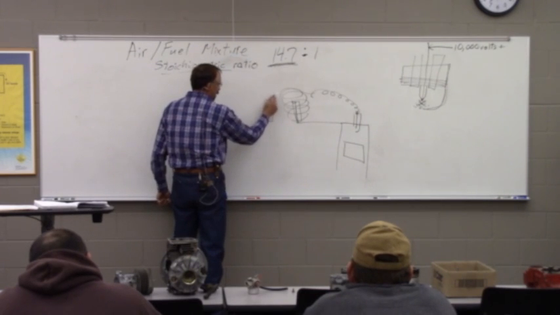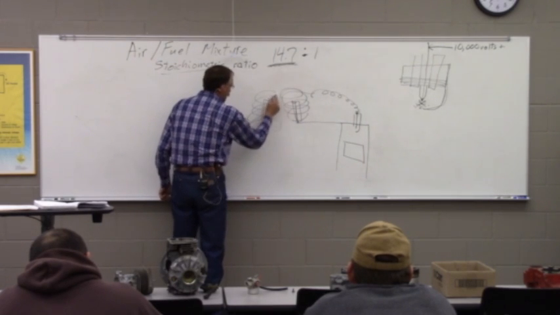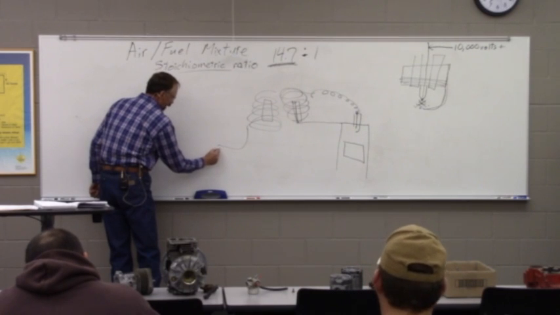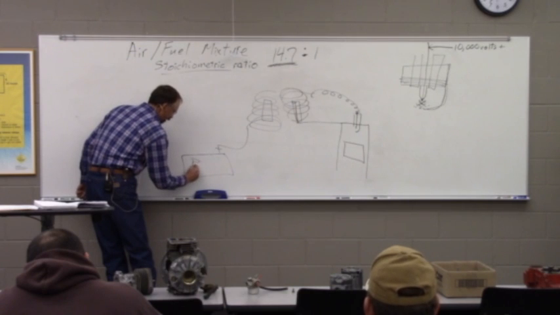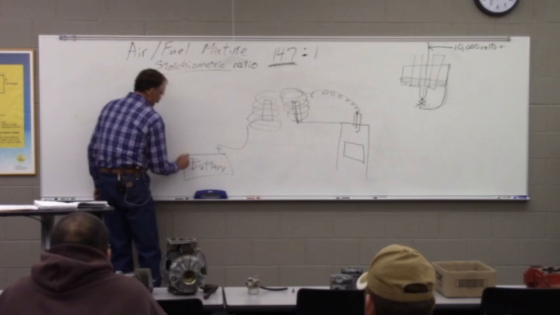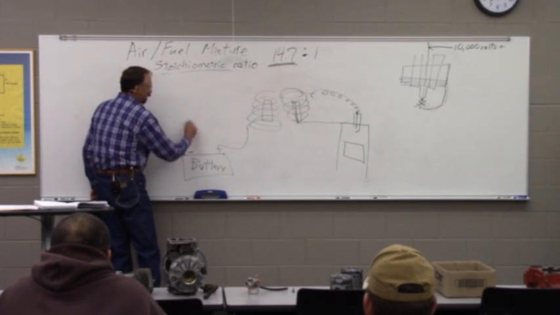We're going to have another iron core here with a winding like this, and we're going to take this side of it and go to the positive terminal on our battery. And we're going to take the negative side of our battery and come up to here.